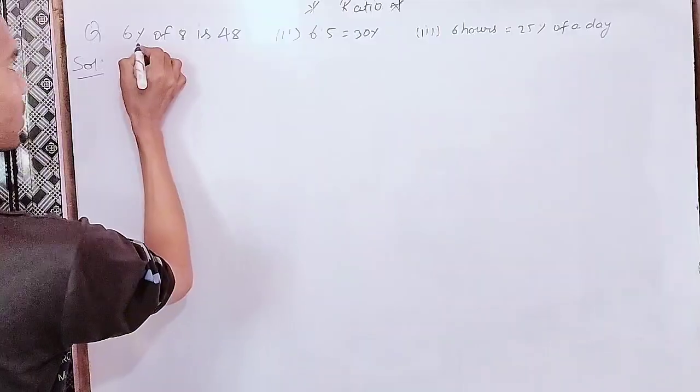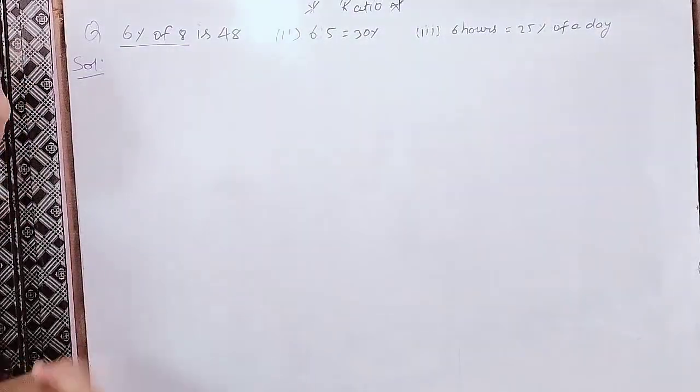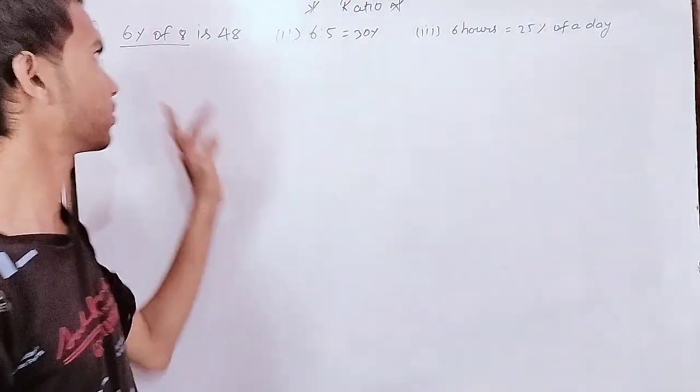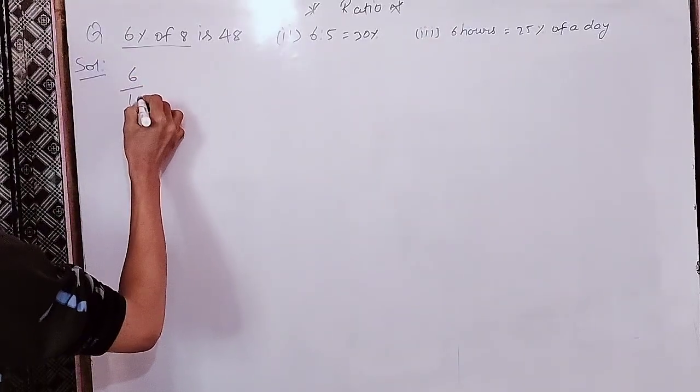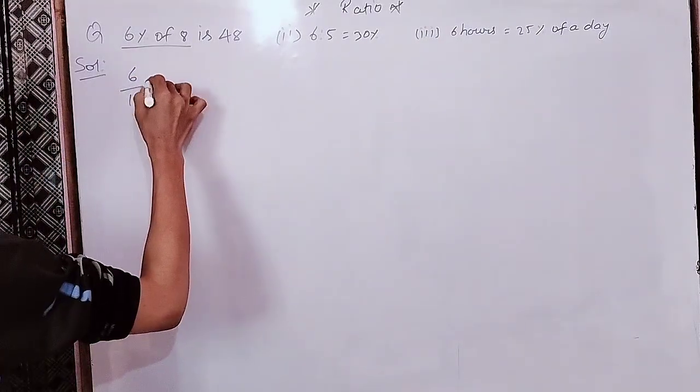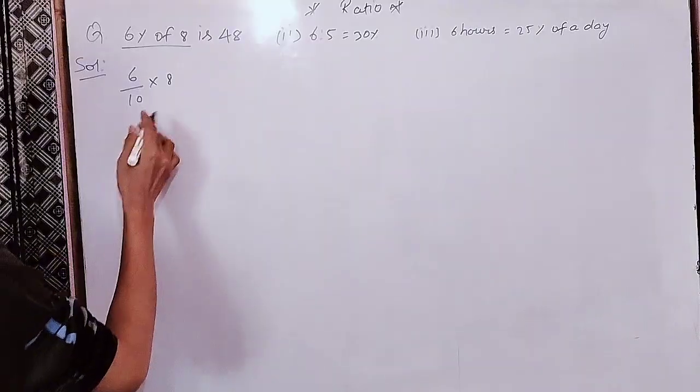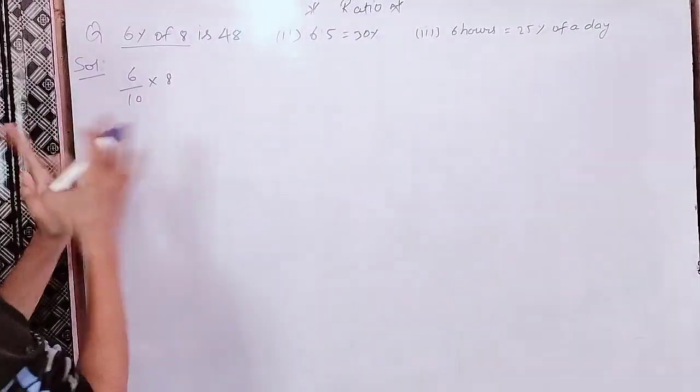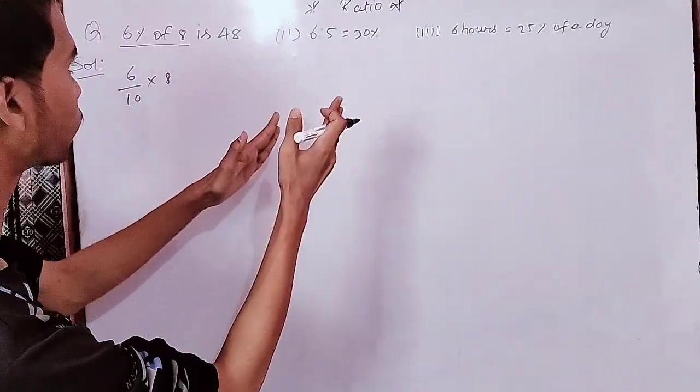It is saying 6% of it is how much? 48. First of all, we are checking this. This should be equal to 48. If this is not equal to 48, we can say this given statement is incorrect.